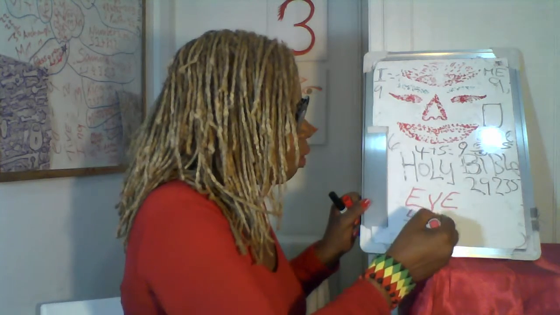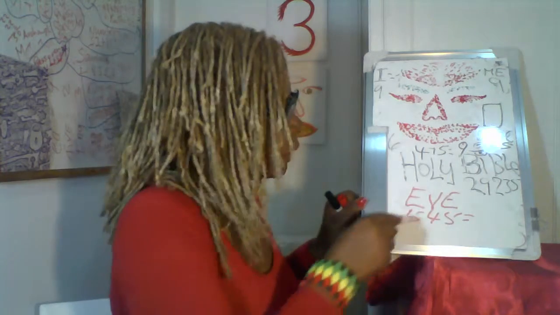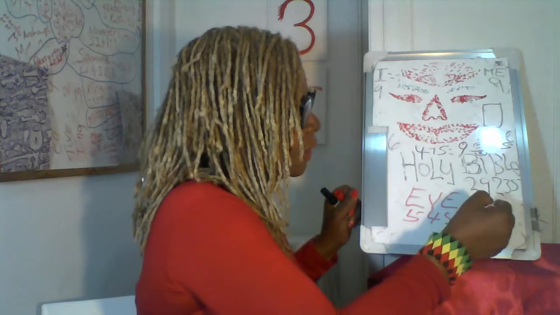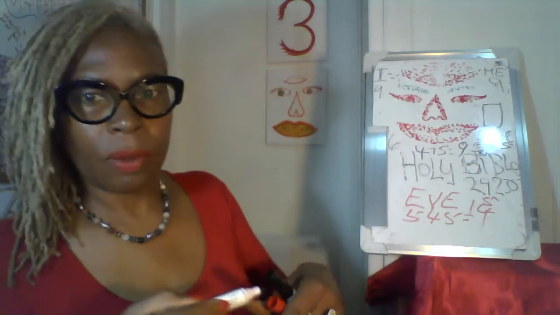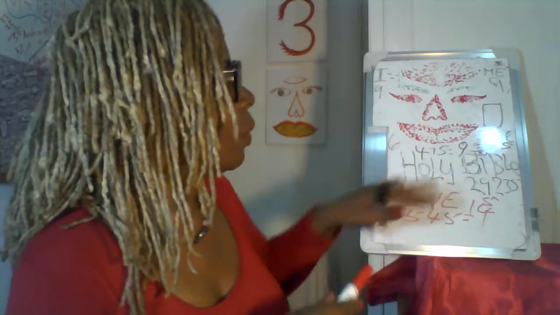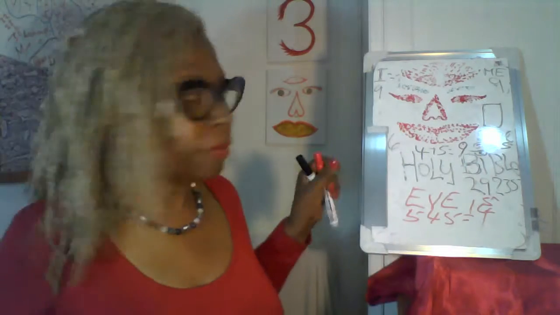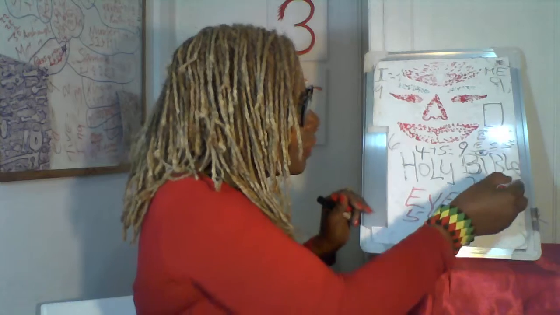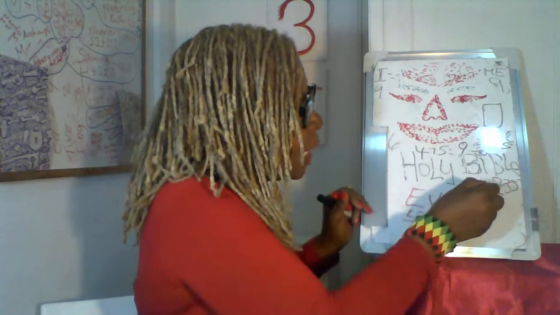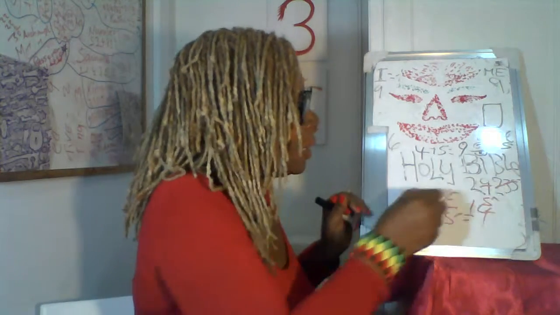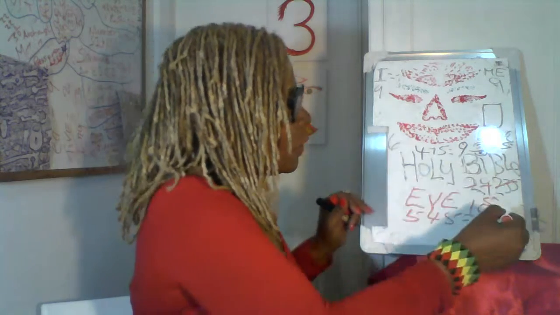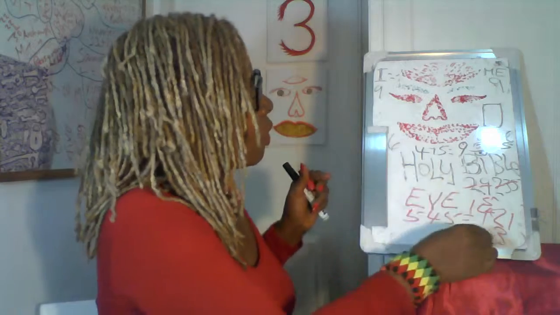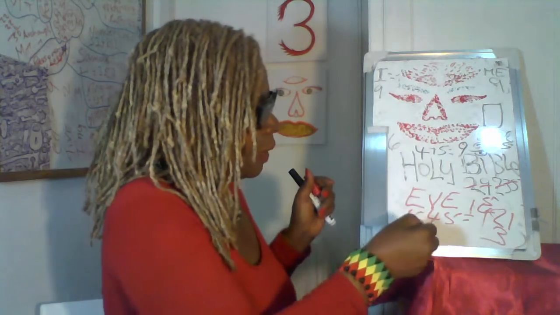So 5, 4, 5 equals 14, 1 plus 4 is 5. Okay, so really want to keep this nice and short, and let's do the numerical values for this. So this is 8, 9, 10, 19, 21. So here is the 21. I have them back to front. So this is 3. 3 plus 6 is 9.